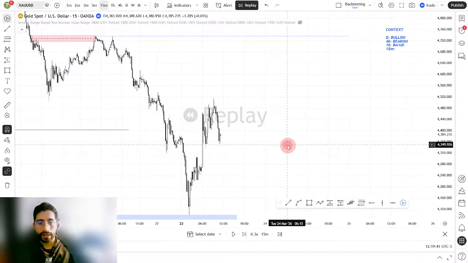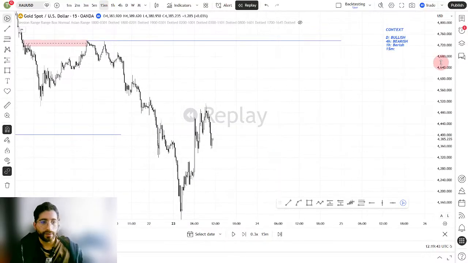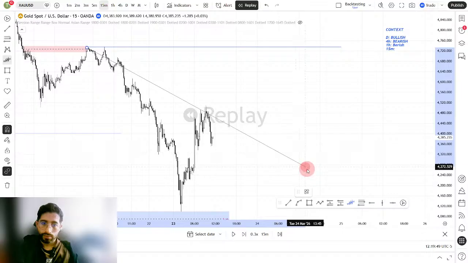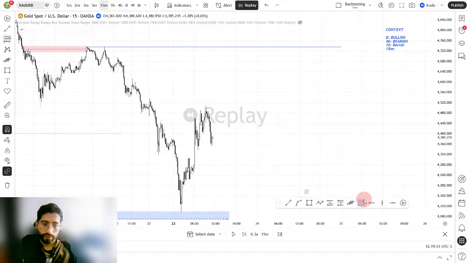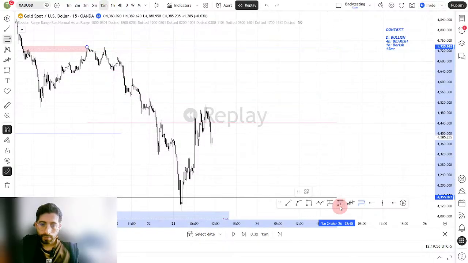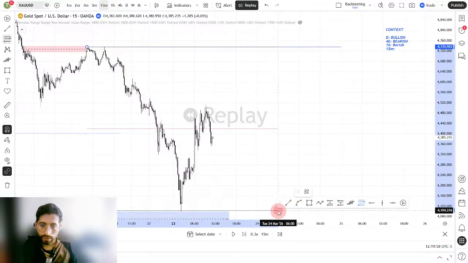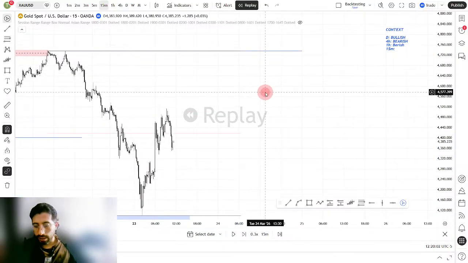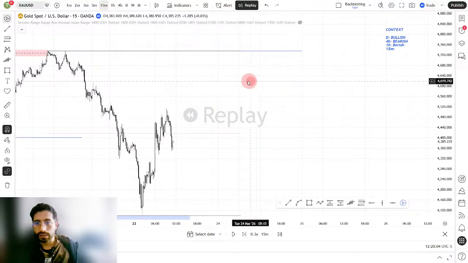And here we apply the same concepts of the premium and discount. So if you use the Fibonacci tool, all right, we got here. So we are in a discount area.